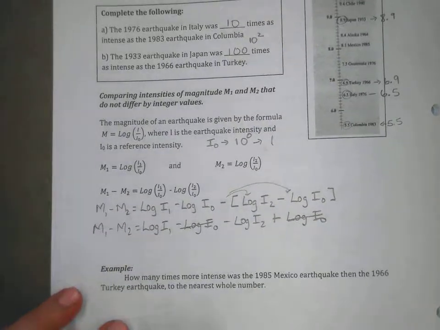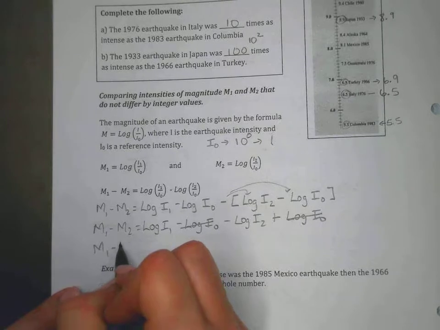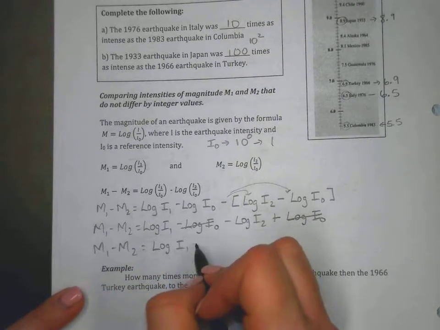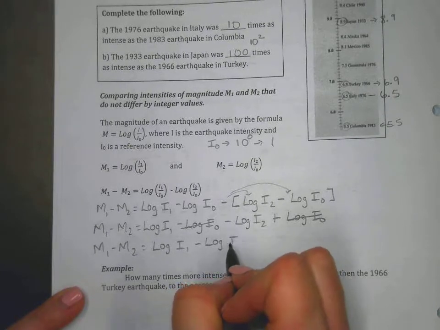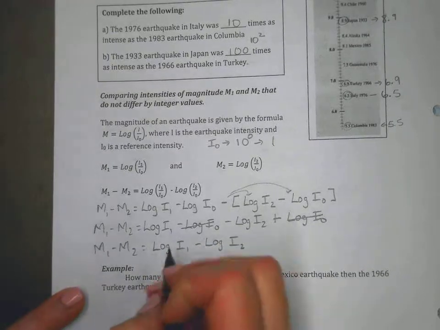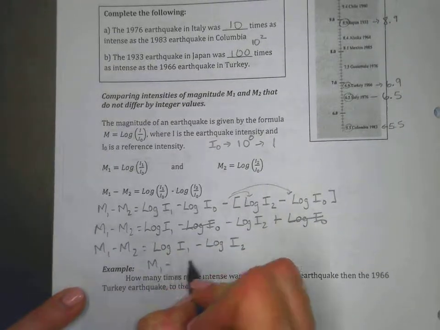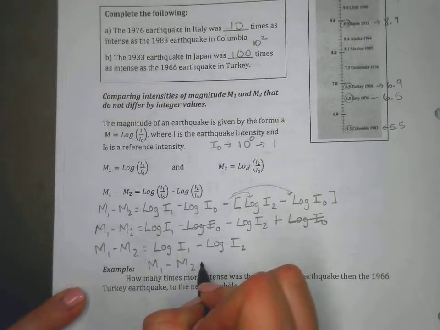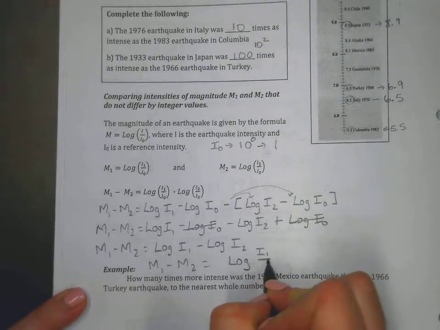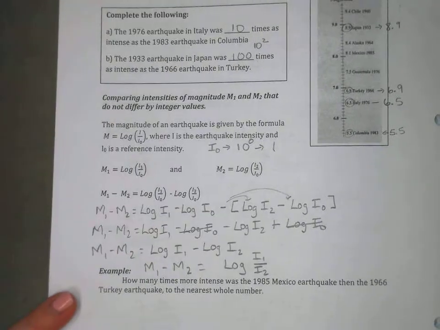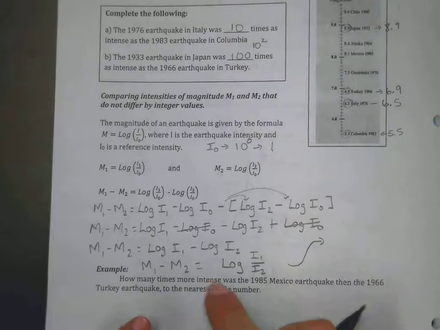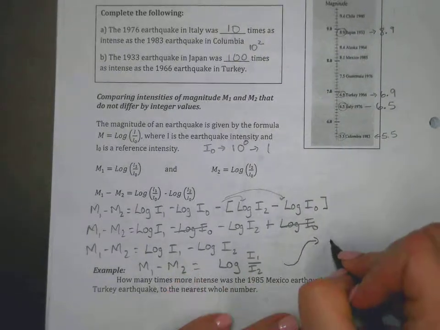Again, I'm going to combine these as a single logarithm by using my quotient law. Furthermore, I'm going to change this back to an exponential function. So the base of my logarithm, 10, to the power of M1 minus M2 equates to the comparison of my intensities.